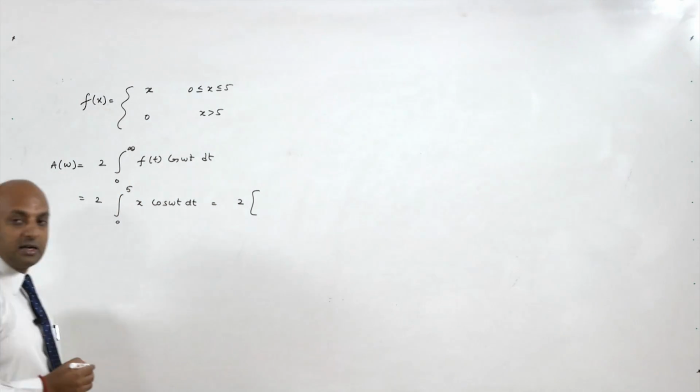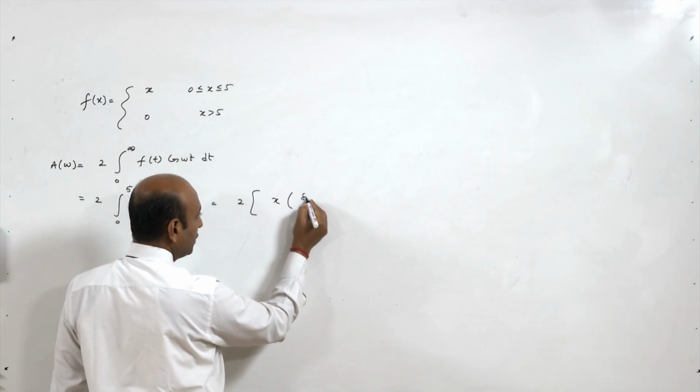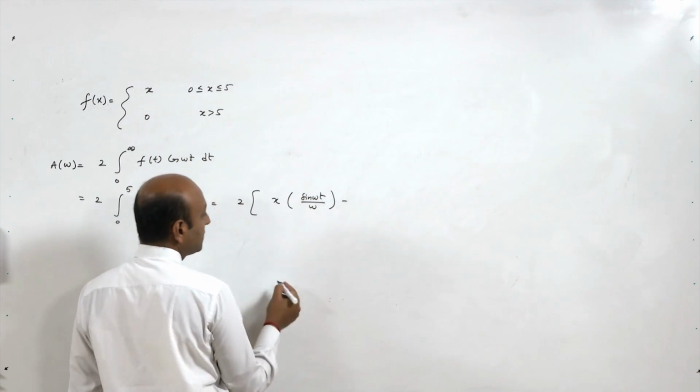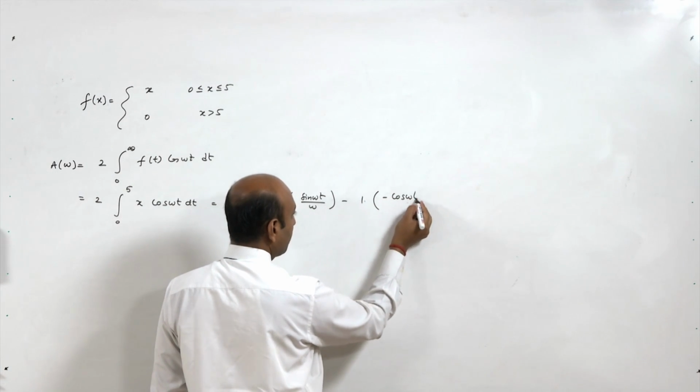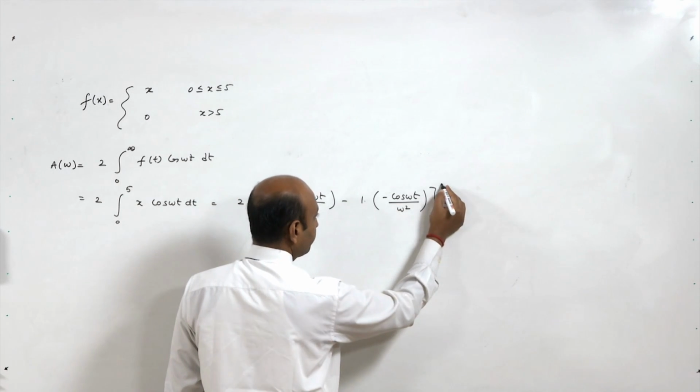Now, you can integrate it by parts, so it will be t times sine omega t upon omega, minus the derivative of the first times the integral of the second, which is minus cos omega t upon omega square, from 0 to 5.